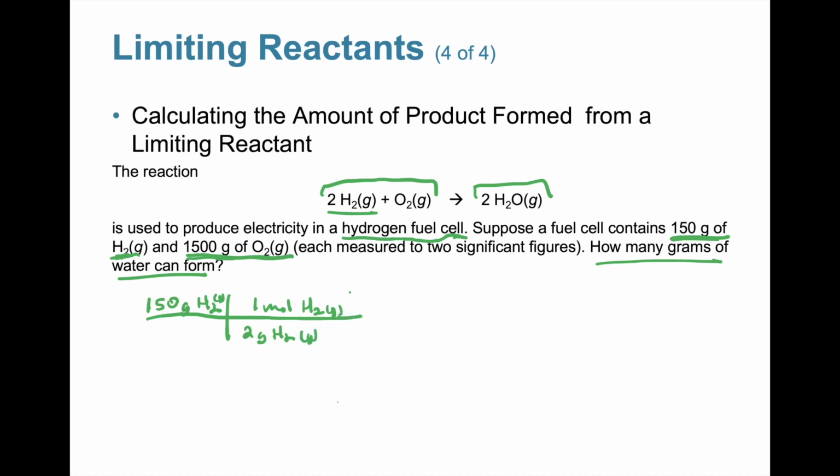So now that I've converted the hydrogen gas from grams to moles, I need to use the molar ratio. And this is why the balanced chemical reaction is so important. For every 2 hydrogens, I have 2 waters. So for every 2 moles of hydrogen gas, that looks really messy, I'm going to fix that.